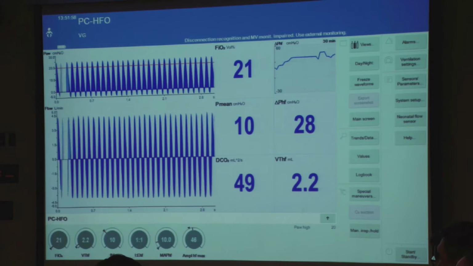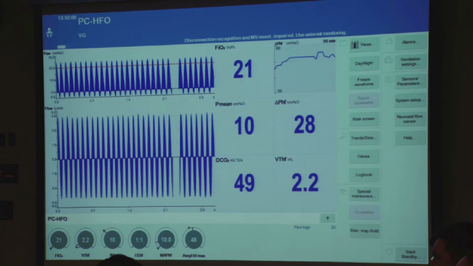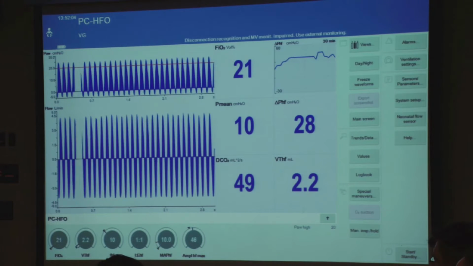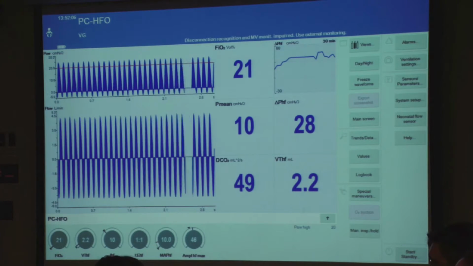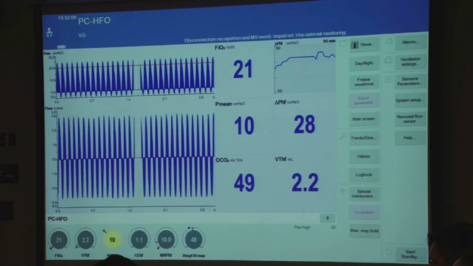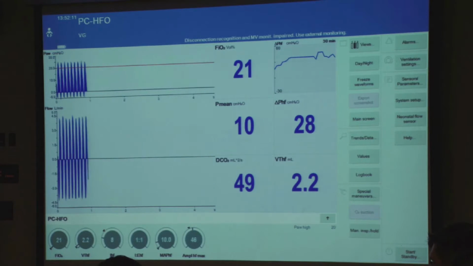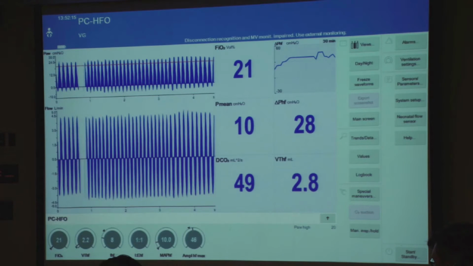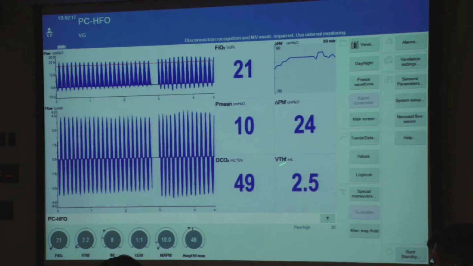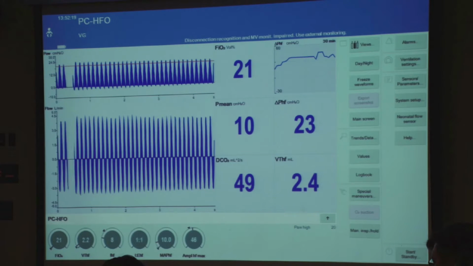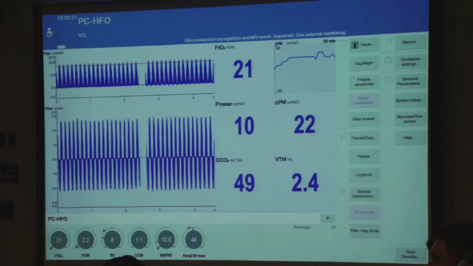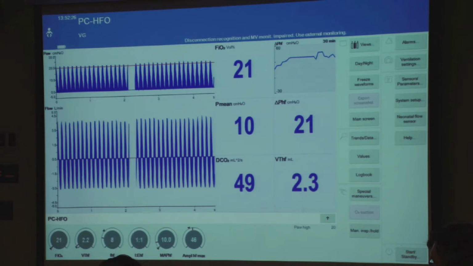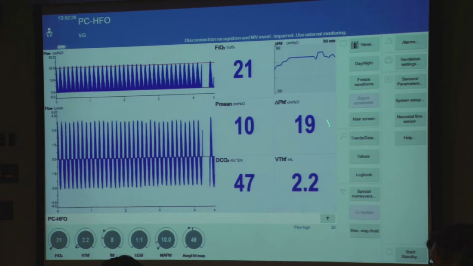So the next thing she did was lower the frequency. If you're maxed out with amplitude, okay, let's see how it performs. Look what happens. Initially, a boost there. But the ventilator compensates by lowering the amplitude.